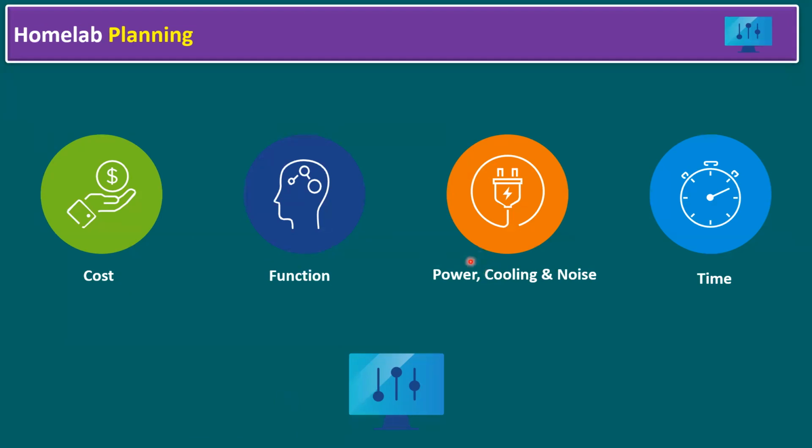We should also consider the power, cooling, and noise if you're using any external kind of systems. And some may use refurbished servers also. During that time we should consider power, cooling, and noise, and also the time, generally how much time we need to test this kind of lab. This may vary from one person to another. This is our usual initial planning.